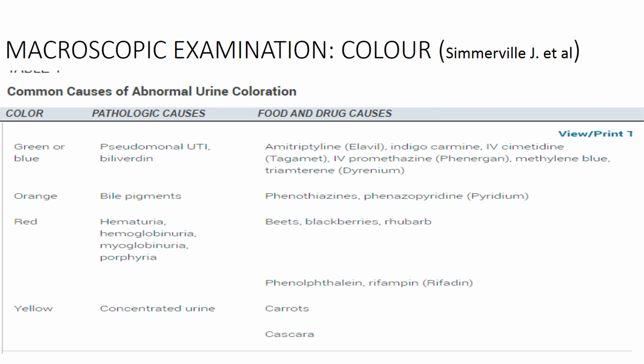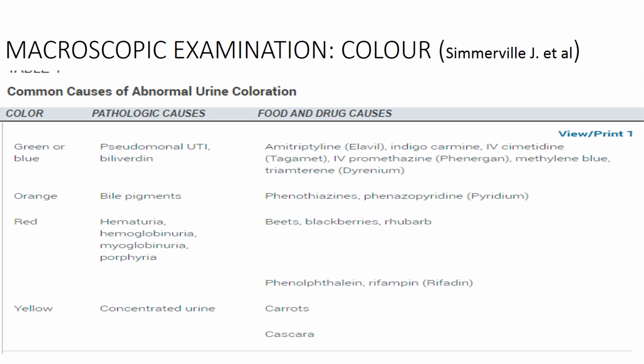Then what would be of interest, or which we see more commonly, red urine, which we know is associated with blood in urine, so hematuria, hemoglobinuria. So if you get breakdown of cells either in the blood or in the urine itself, so that you get free hemoglobin in the urine, you could end up with red urine. Patients who have myoglobin in their urine, for example patients with breakdown of their muscles, like rhabdomyolysis, or porphyria.